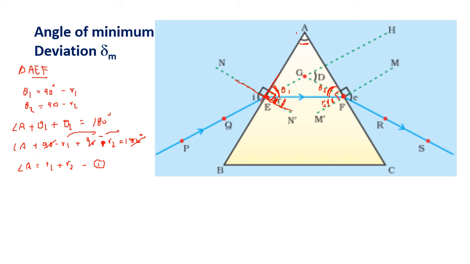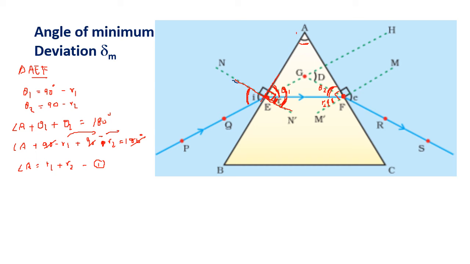Clear till here? Now we'll have to see something else. This is angle I and this angle, both will be equal. Why? These two angles are vertically opposite angles. If you followed, I'll change color to make you see.